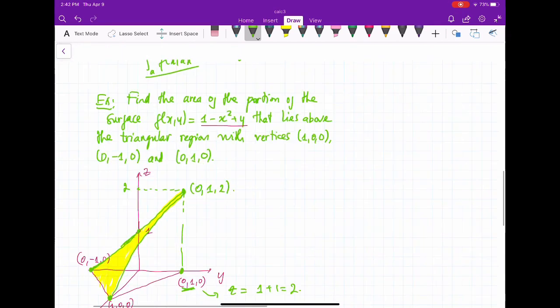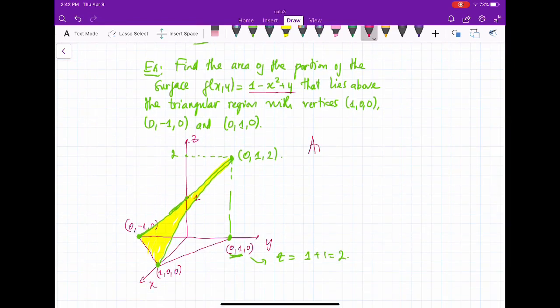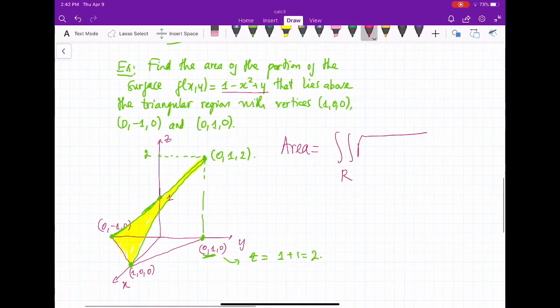Okay, so again, we need to use the formula. The area is equal to the double integral on R of the square root of 1 plus fx squared plus fy squared and then dA. So we need to find partial derivatives. Fx is equal to negative 2x and f with respect to y equals 1.